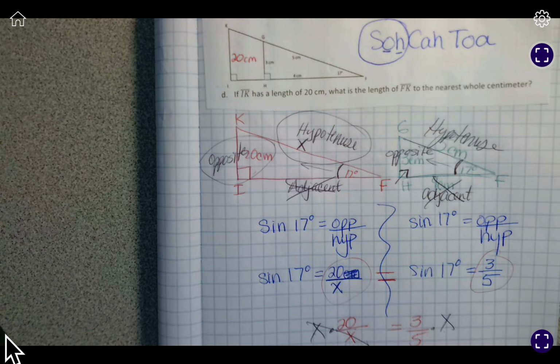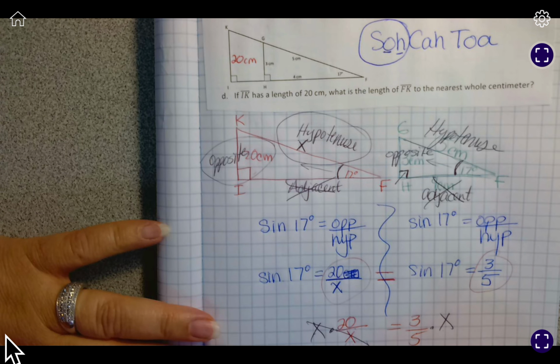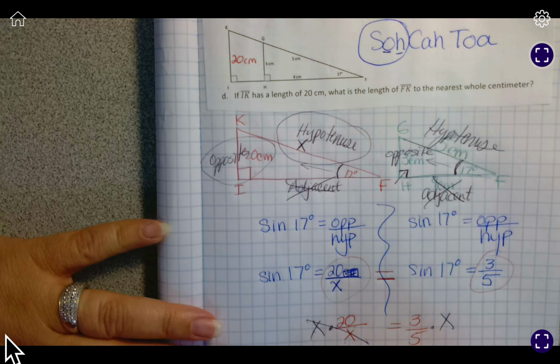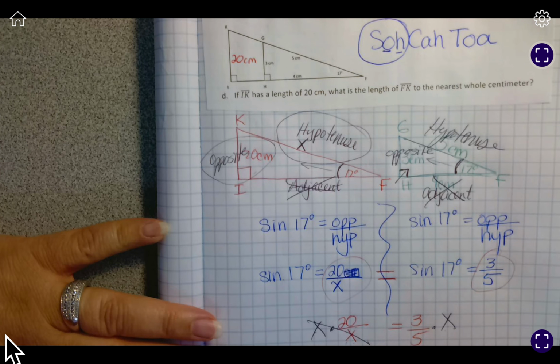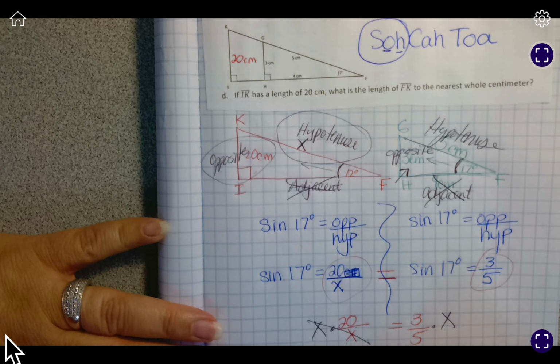Now I'm going to multiply by 5 times 5 here. 5 times 2 is 10, plus the 0 is 100. Again, multiplying by 5, dividing by 5, they undo each other. 3x times 1 is 3x.